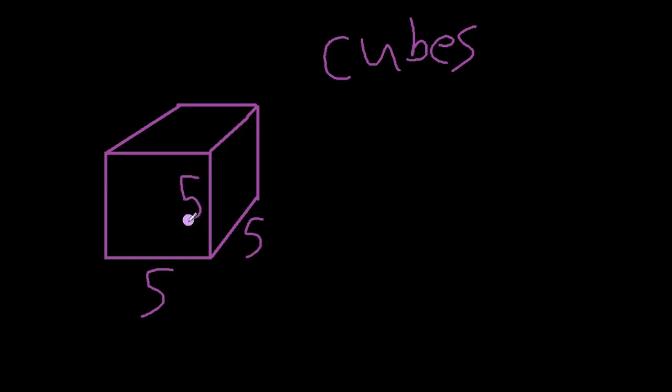So some of you might be wondering why I keep saying sum of two cubes or difference of two cubes. What I mean by cubes is cubic numbers. Well, if you looked at a cube and you labeled each side, let's say this length measured 5 and this width was also 5 because it's a cube, all of them have to be the same, and then this height was 5. How do I find the volume of a cube?